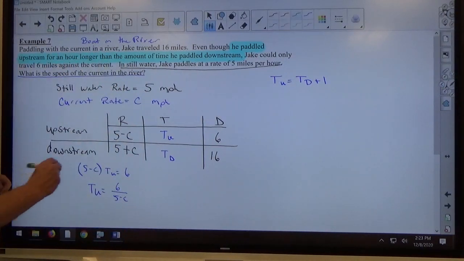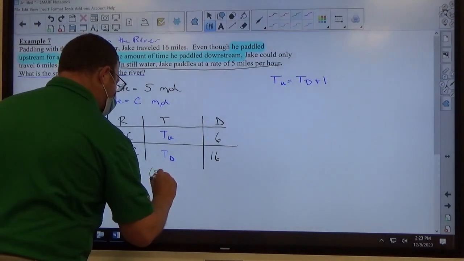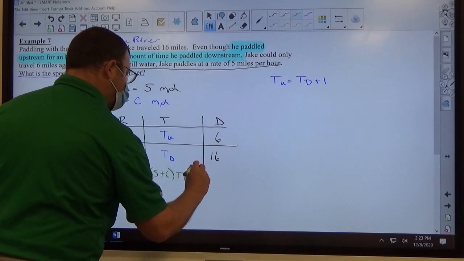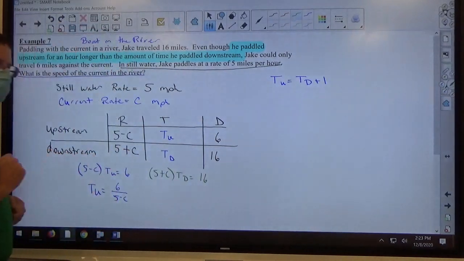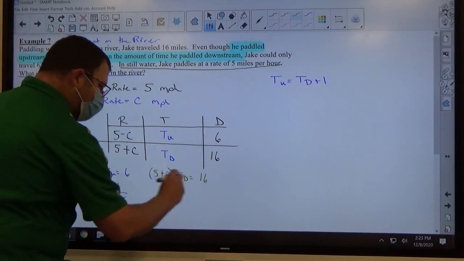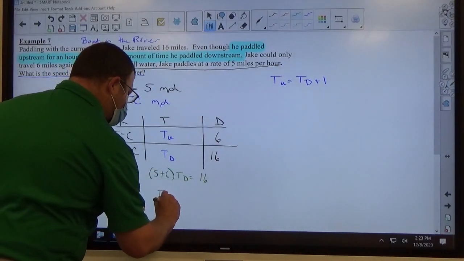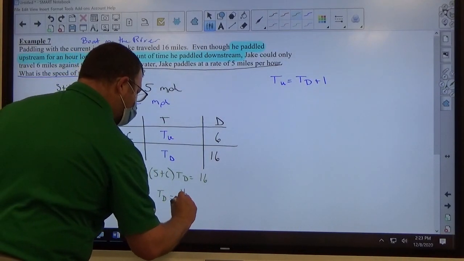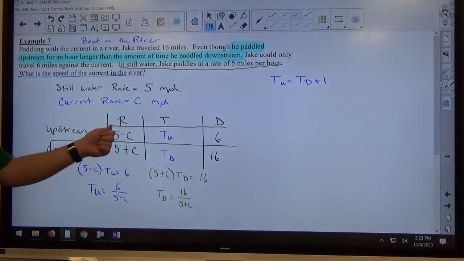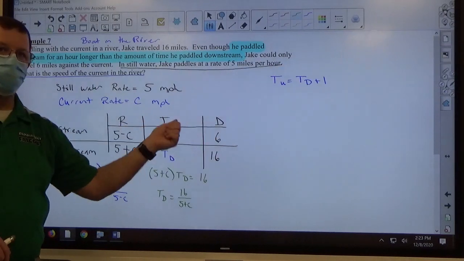His downstream speed, which is 5 plus c, times his downstream time, which is t sub d, is equal to his downstream distance, 16. Rate times time equals distance. Divide both sides by 5 plus c. His downstream time is 16 over 5 plus c. This is hours because this was miles per hour and this was miles.